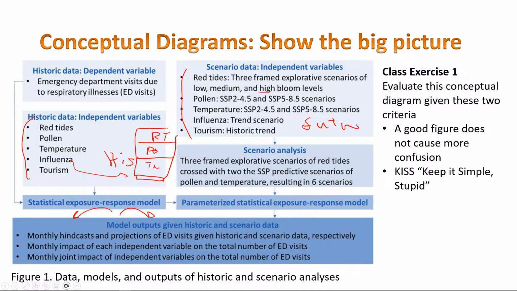I also want to see not just the individual contribution, but the joint impact. For example, under this climate scenario we only have this many ED visits, but under another climate scenario, like high emissions, I will get more ED visits. I will have more people visiting the ER due to these things. So I want to see both the individual impact and the joint impact.